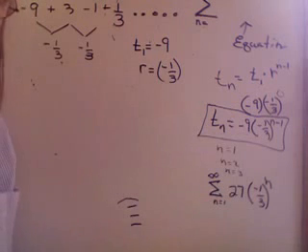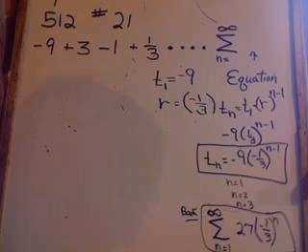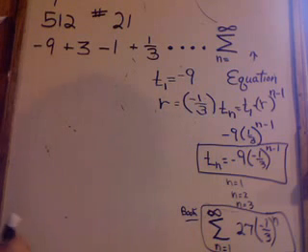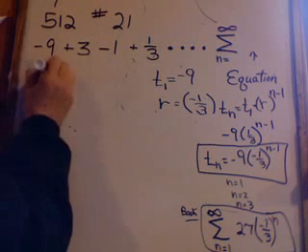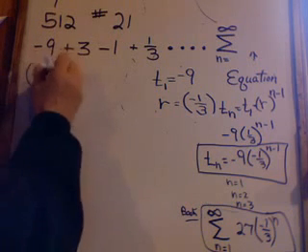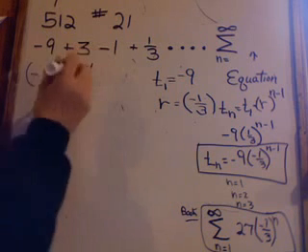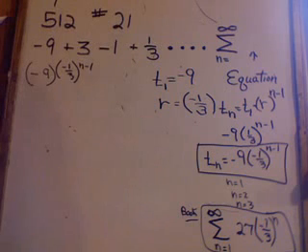I'm going to clean up the board to give myself a little space. Alright, so I'm going to show you how to get the book answer from our answer. So let's start with our answer here. So we had negative 9 times negative 1/3 to the n minus 1. And this is just really important exponent know-how that you should be able to do.